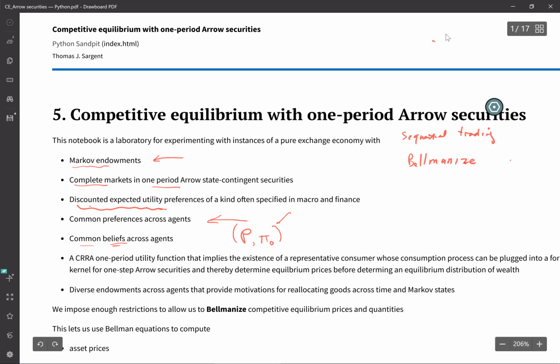So that's what we mean by common. Everybody's going to have the same one period utility function, and it's going to be a power function, a constant relative risk aversion utility function, and everybody's going to have that.